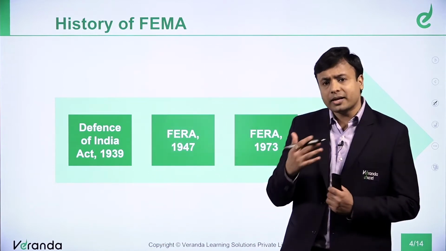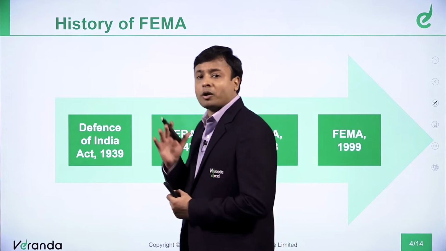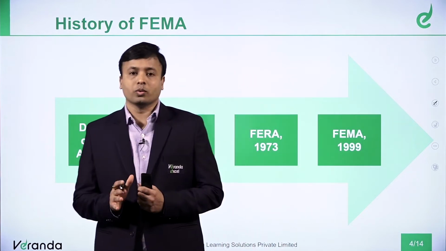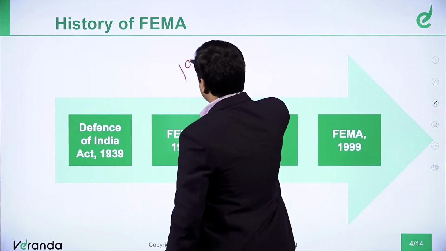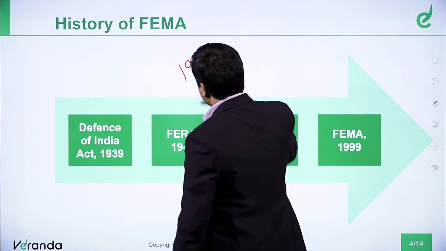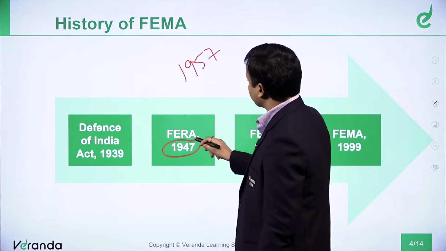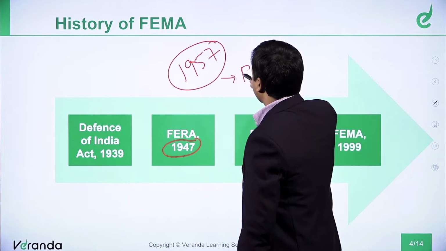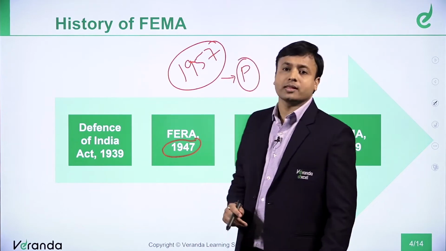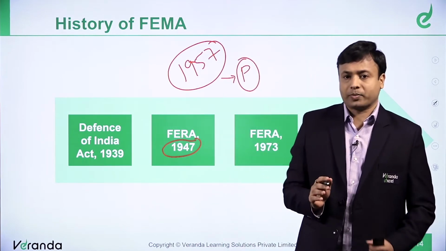That means, when I mean temporary, this act was not made permanent. However, it is to be noted that only in the year 1957 this was made permanent. So the act was made permanent only in the year 1957.